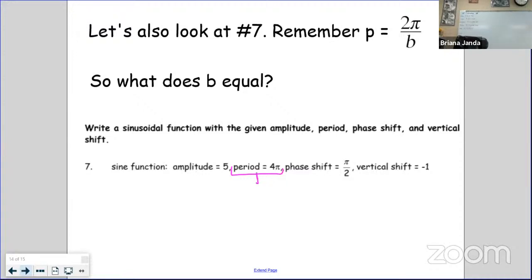So we would have to move from period being 4 pi to B being 2 pi divided by the period, our period being 4 pi. Those pi's cancel, and 2/4 would be 1/2. So in the place where B is in our equation, we would put 1/2, not the 4 pi that we see for the period. Okay. So always 2 pi divided by, to flip back and forth between period and B. Any questions for me?